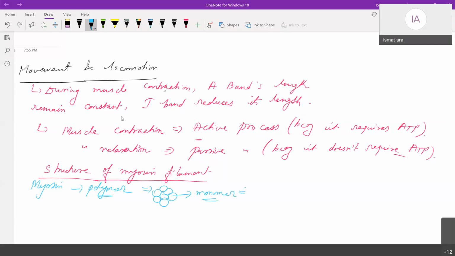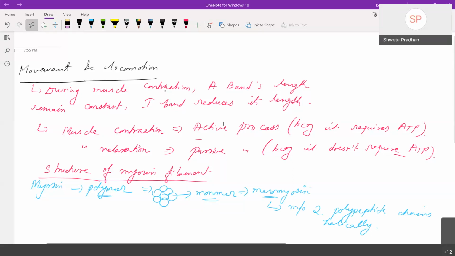So their monomer is meromyosin. This meromyosin is made up of two polypeptide chains, helically arranged. Till this is clear?